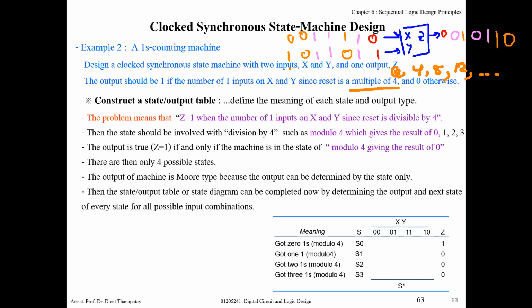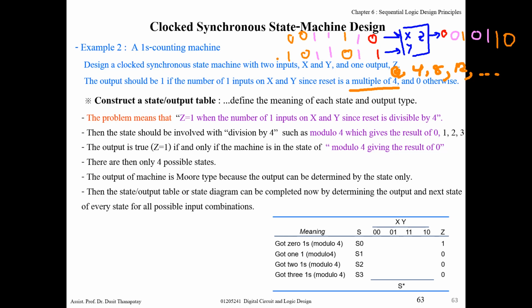One way is to think of multiple of 4 as meaning that when you divide by 4, the remainder is 0.